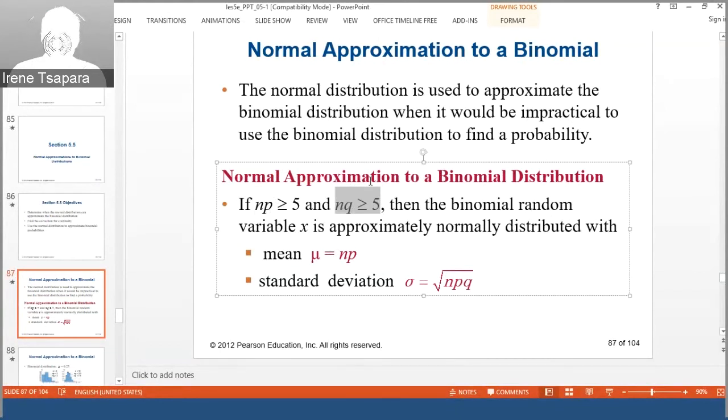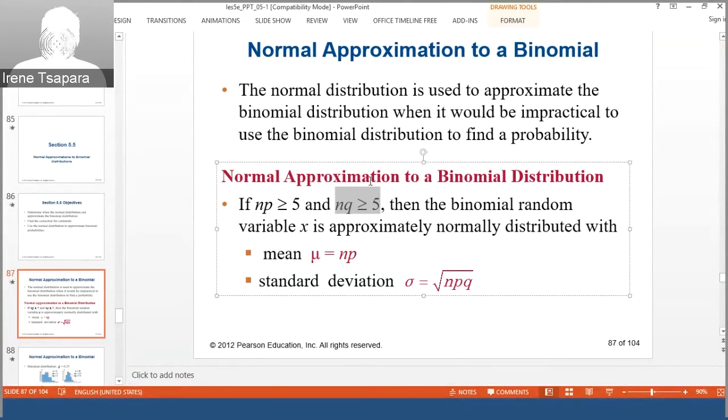So what does this mean? When can I and when can't I, as a rule of thumb? Well, if the probability of success is close to the probability of failure, so it's 0.6 and 0.4, 0.5 and 0.5, 0.45 and 0.55, numbers like that, and I do have a high number of trials, then your numbers are going to be greater than 5.